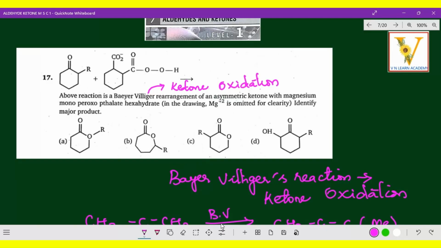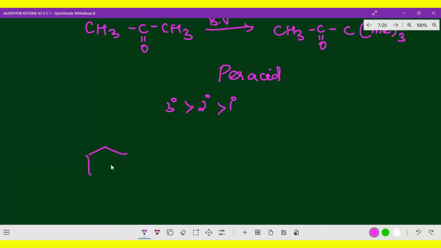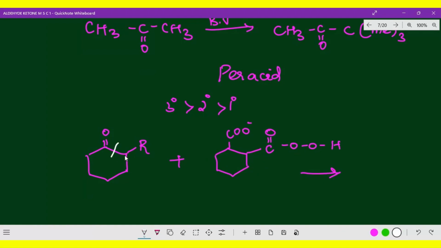Come on, I'll explain in a detailed way. Here, with this compound: C double bond O, here R, and here peroxyphthalate. These are all concept ways to identify instead of rote learning. C double bond O, here OOH per acid. The bond breaks over here, and one more carbon is going to attach over here.